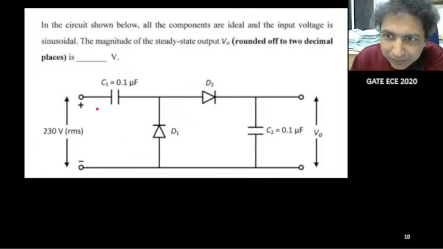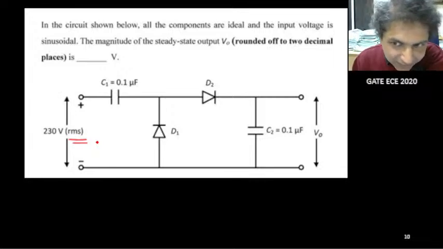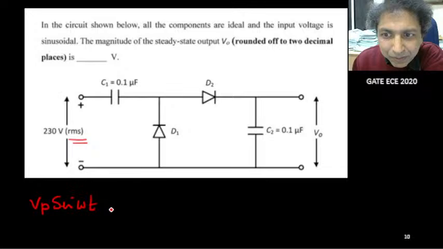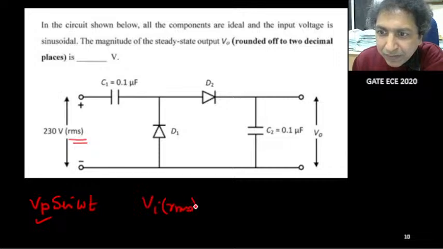So what is the potential across this? So remember, it is given RMS. Be careful here. The RMS is given. So if input voltage is Vp sin omega t, this is the peak voltage, the RMS, VI RMS will be Vp by root 2, you know that.